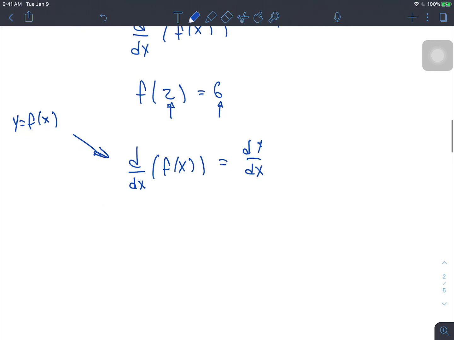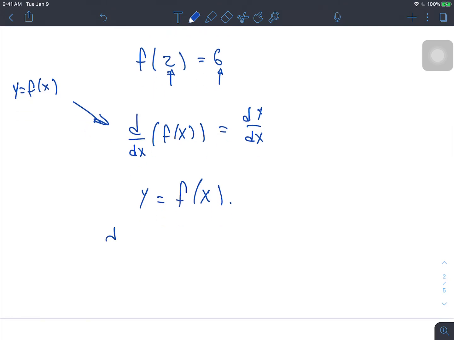And here's why. If we take y equals f of x, remember, if we have an equal sign and we do the same thing on both sides, we can keep the equal sign. For example, if we multiplied both sides by 2, that's fair game, and the equal sign would still be valid. If we took the natural log of both sides, the equal sign would still be valid.